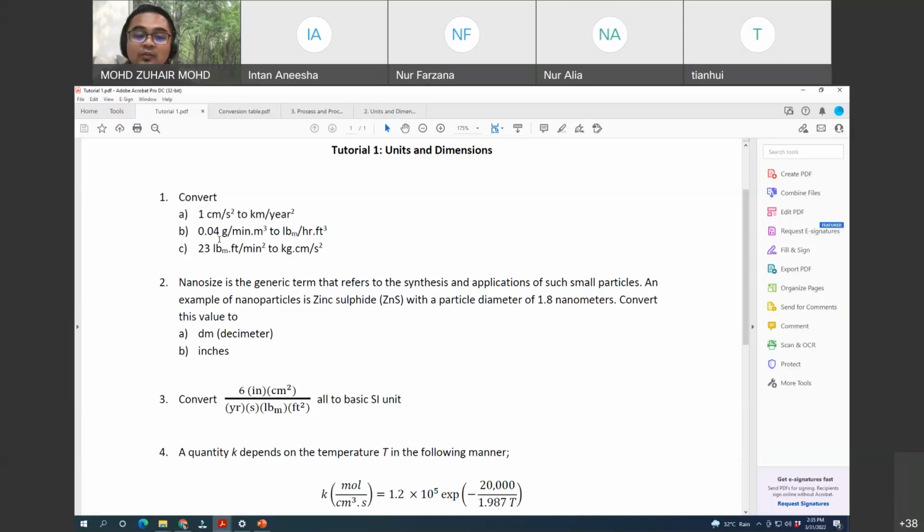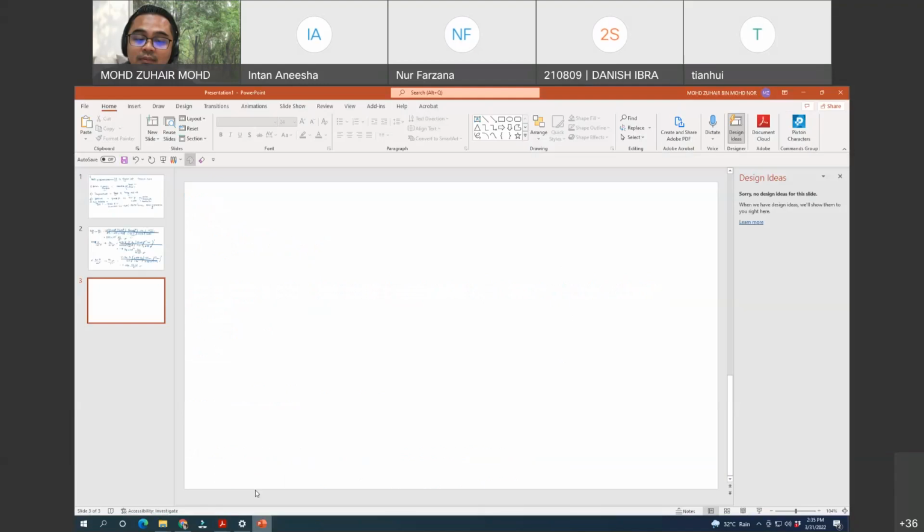Okay, so the information is about the nano size. An example of nanoparticle zinc sulfide with a particle diameter of 1.8 nanometers. Convert this value to decimeter and also inches. So here it is given in nanometers. So nano, what is nano? 10 to the power of -9.